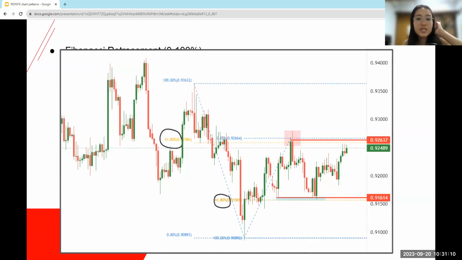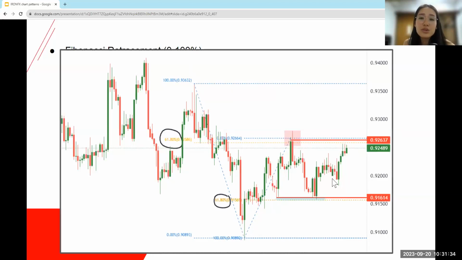Okay, so in this example, we have two Fibonacci retracements. So notice how the big Fibonacci retracement price reverses off the 61.8% Fibonacci retracement level. Okay, so my Fibonacci retracement that I was talking about is here. We have the bigger one and the smaller one here.